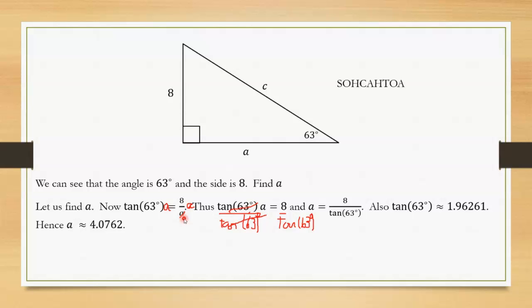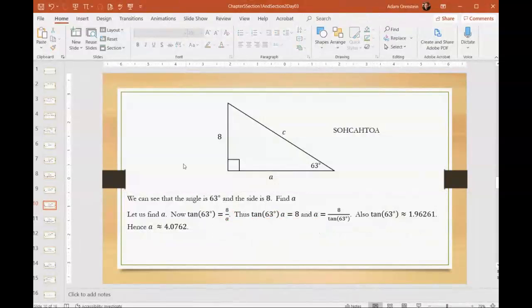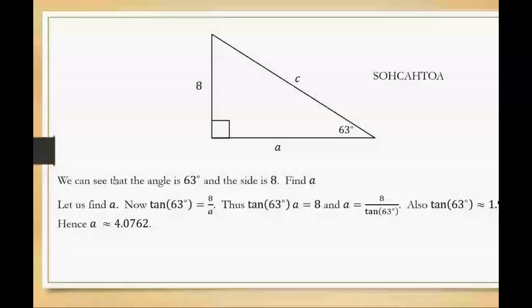Now remember, we want to figure out what A is. A is unknown. So what can we do? Well, I multiplied both sides by A first to get tangent of 63 degrees times A equals 8. Let me get rid of this ink and do the steps with you, I think that's better.